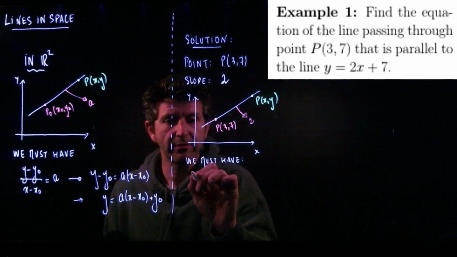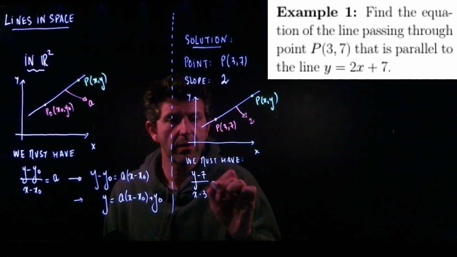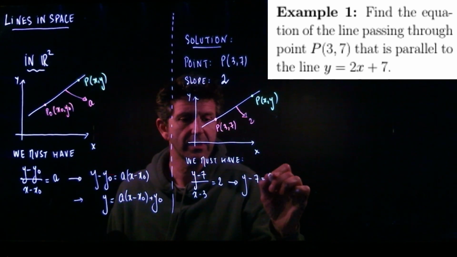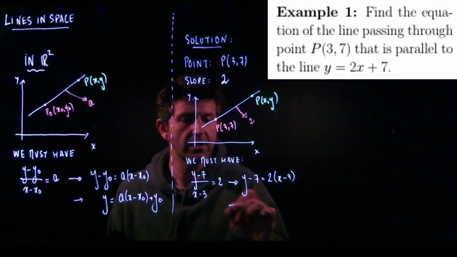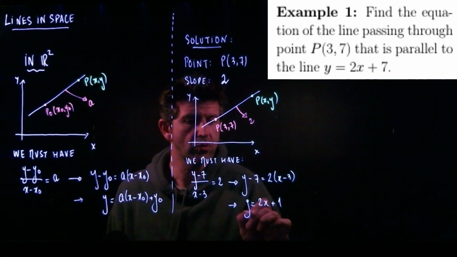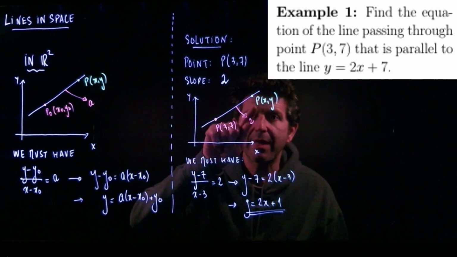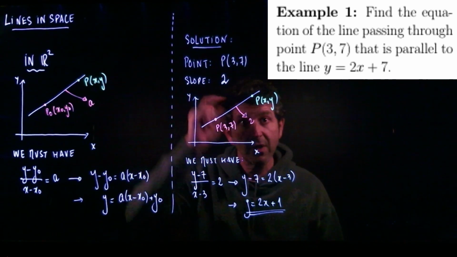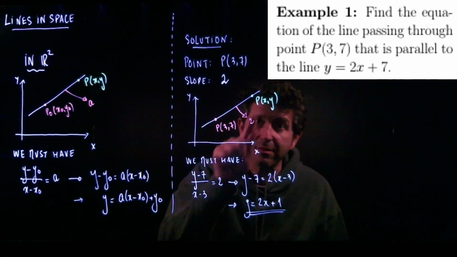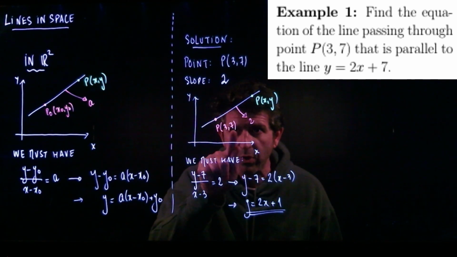So (y minus 7) over (x minus 3) equals 2. If you isolate y, we get y minus 7 is 2 times (x minus 3). And so we have y equals 2x minus 6 plus 7, so 2x plus 1. In other words, if I want point P(x, y) to be on the line, x and y need to be linked by this relation. The y has to be equal to 2 times the x plus 1. That's the only way. And you could check: 2 times 3 plus 1 is 7 indeed.